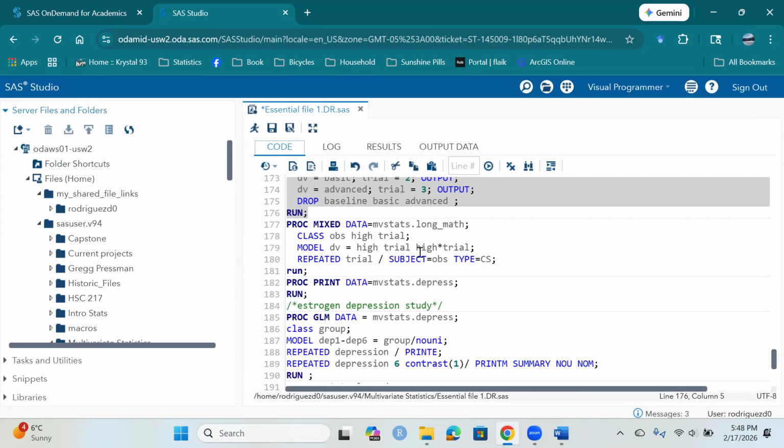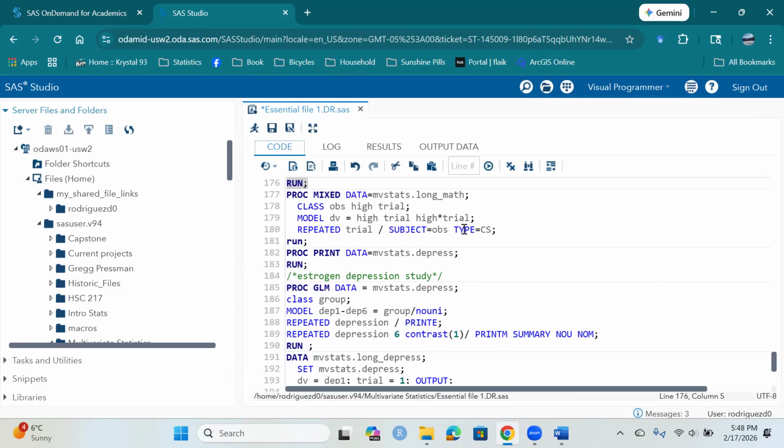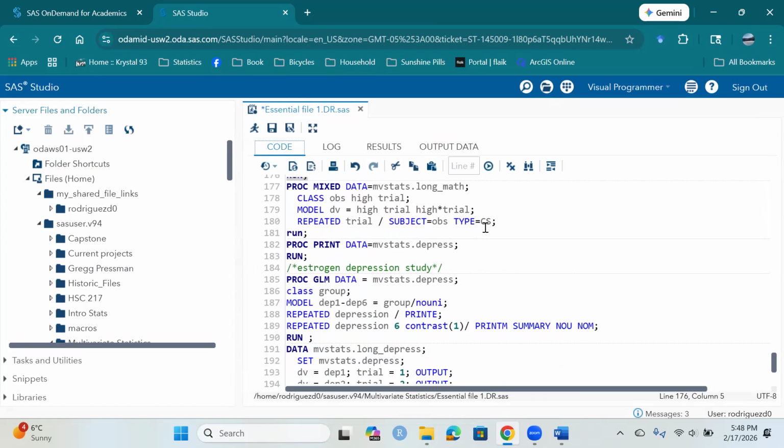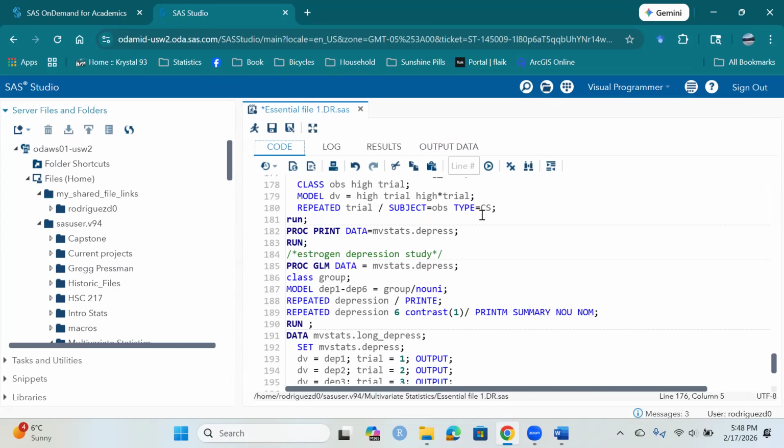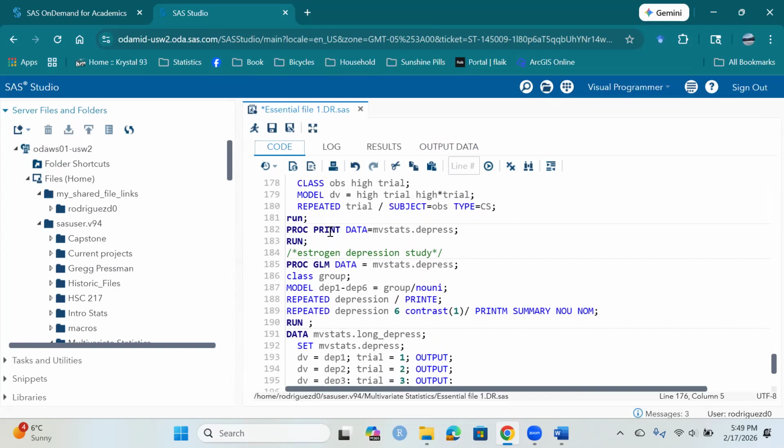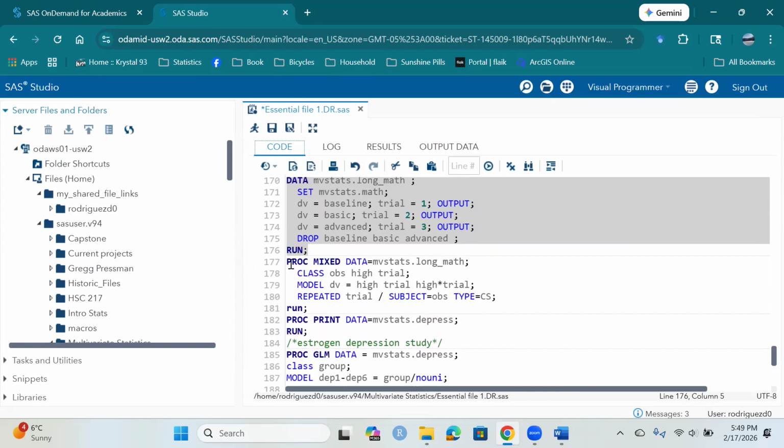And then we do a within by between interaction. Interaction terms are products, right? And our repeated measures variable is trial. Okay, we have compound symmetry. This is just telling us how our variance covariance matrix is structured. All right, let's go ahead and run this.